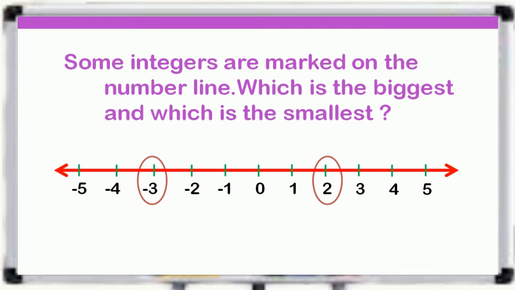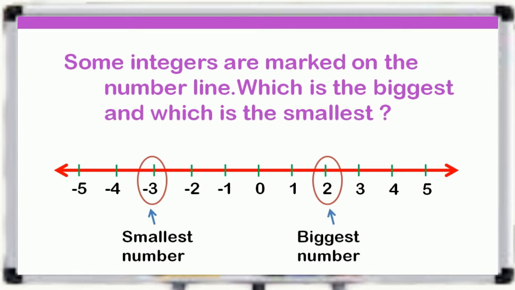So in -3 and 2, which is biggest and which is smallest? Every time negative numbers are smaller than the positive numbers. Here -3 is a negative integer, 2 is a positive integer. So -3 is the smallest number, 2 is the biggest number.